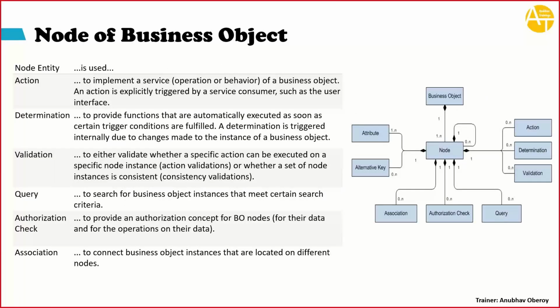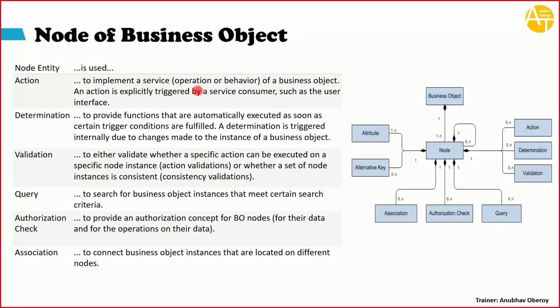So let's talk about node in more detail, in a more structured way. You can see this is a node. Node is your anchor point for all your logic. So node is used for what purpose? For action. What is the purpose of an action in a node? An action is basically to implement a service of the business object.